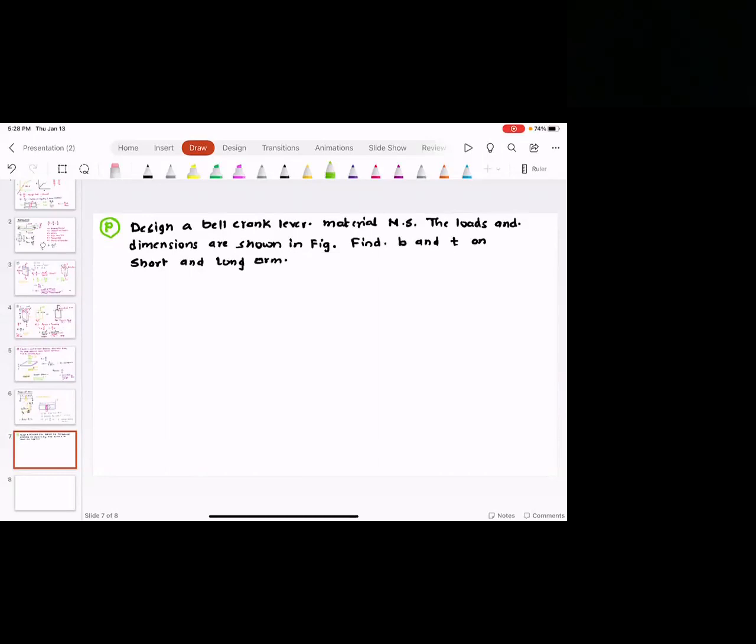So what does this mean? So this is the bell crank lever. This looks like L. This bell crank lever has a long arm, and this long arm is say 250 millimeters, and this has a short arm which is 100 millimeters, and the load on the short arm is 500 Newton.